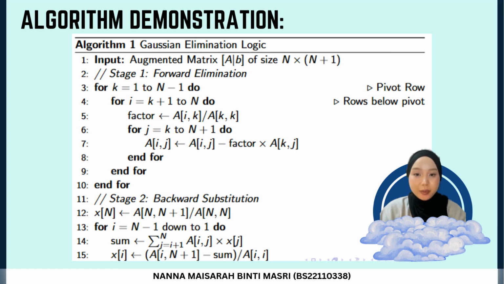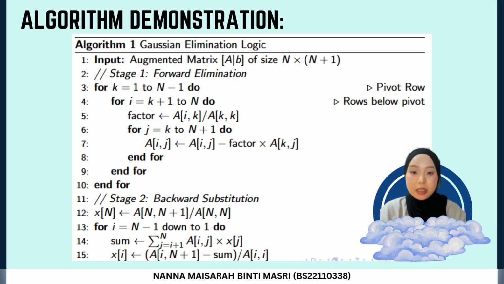Next is algorithm demonstration. First is forward elimination. The goal here is to transform the augmented matrix into an upper triangular matrix. The algorithm iterates through the diagonal elements, using them as pivots. For each pivot, it calculates a multiplier to eliminate or zero out all the entries in the column directly below it.